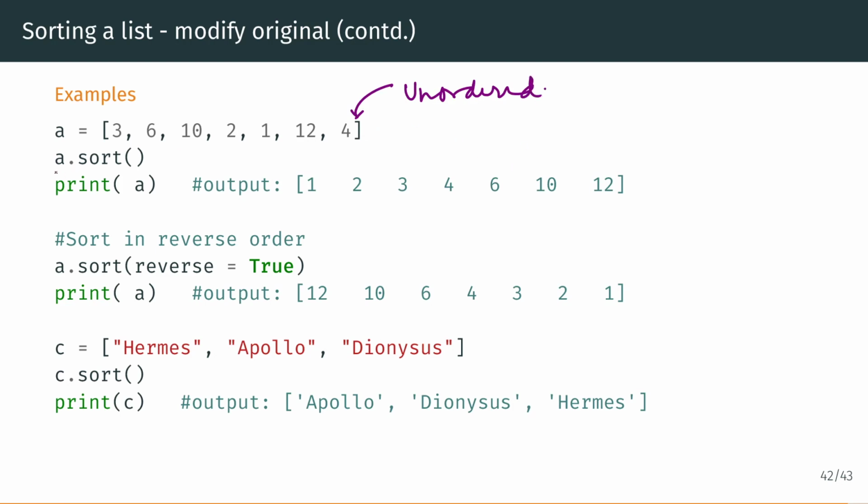When you say A.sort and then print A, you will see that the elements are now in ascending order. You first have 1, then 2 and 3, then 4 comes here, 6 comes here, 10 comes here, and 12 comes here. So it is the exact same elements in the list, except they are now in ascending order.